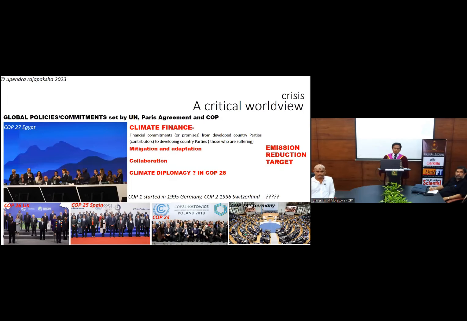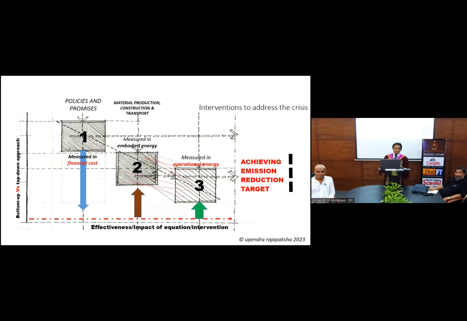So how do we do that? There are three interventions that we can see happening in the world, 1, 2, and 3. And these three types of interventions are now mapped on this slide against the effectiveness or impact of the intervention towards achieving emission reduction targets, and whether it is a bottom-up or top-down approach.